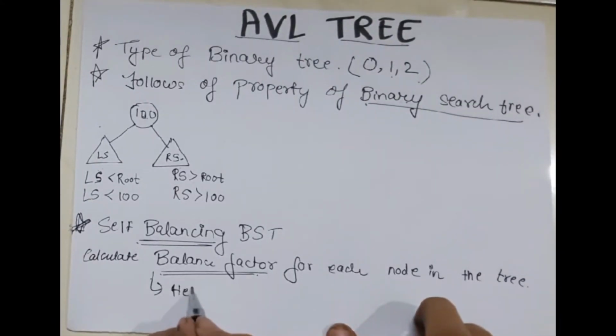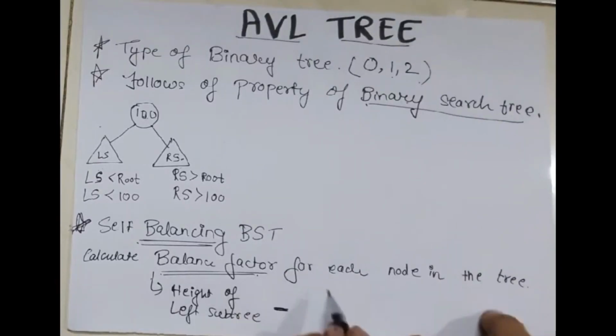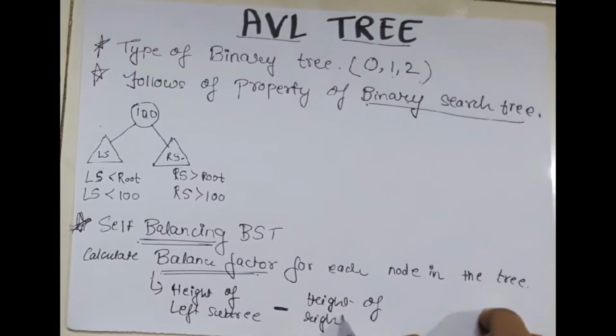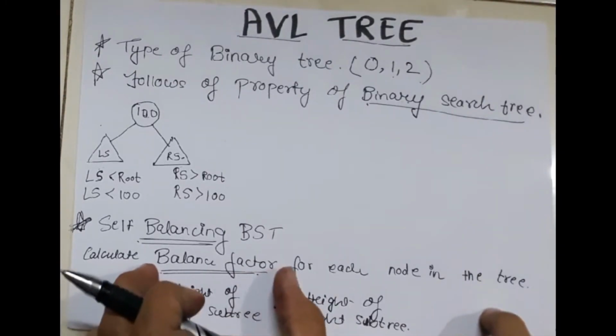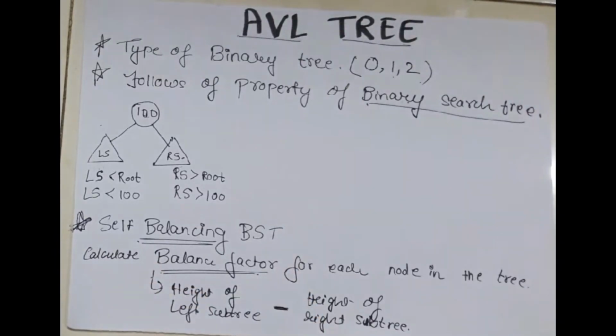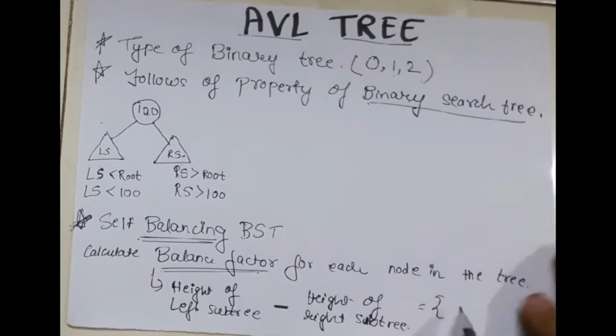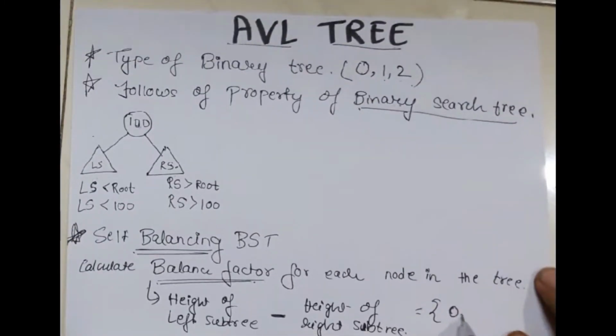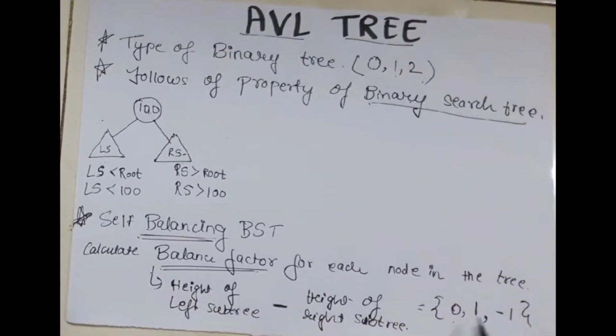See, height of left subtree minus height of right subtree. Okay. So with the help of this formula, we are calculating balance factor, and the value of this balance factor should be either 0, 1 or minus 1 for each node in the tree.